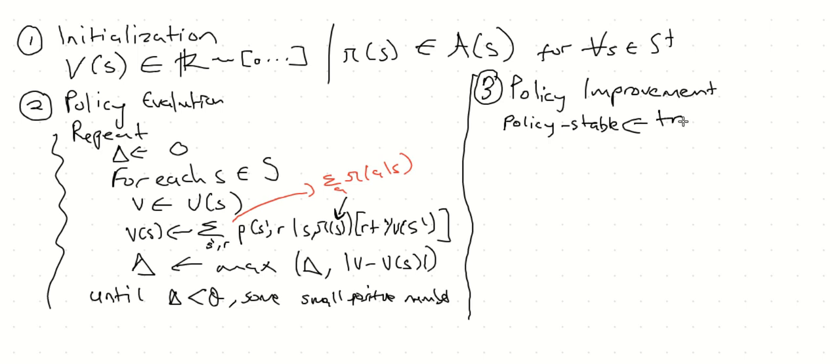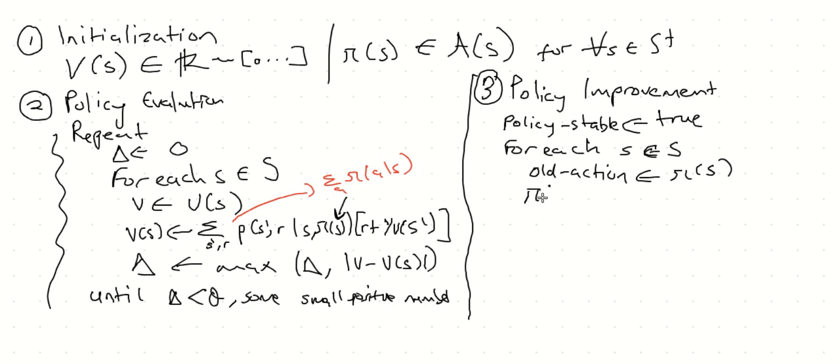We assume the policy is stable at first, and for each s an element of S, what do we do? For each s, we say that the old action is assigned to pi(s). This is our old action. And what's our new action?